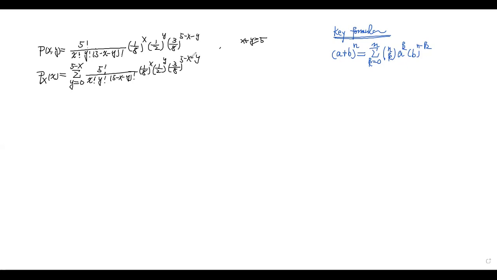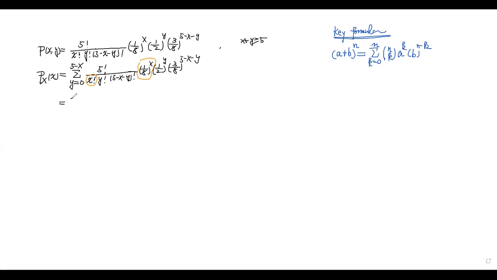Remember we want to use this binomial expansion, so I'm going to manipulate this a little bit. First, I'm going to move everything that has no y outside of this summation sign.